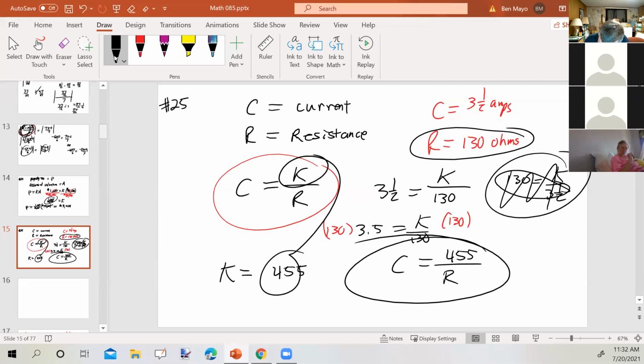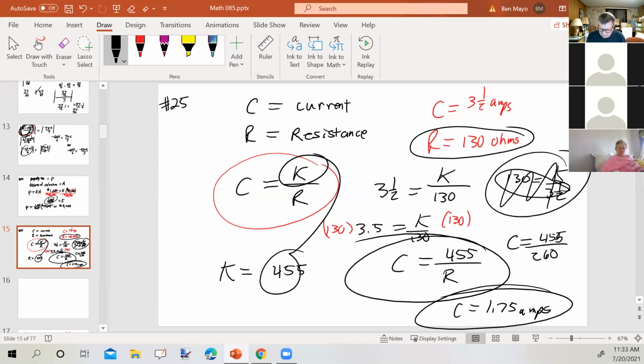So if we double the resistance, C is going to be 455 over 260. 455 divided by 260, so the current is 1.75 amps. So by doubling the resistance, it cut the current in half.